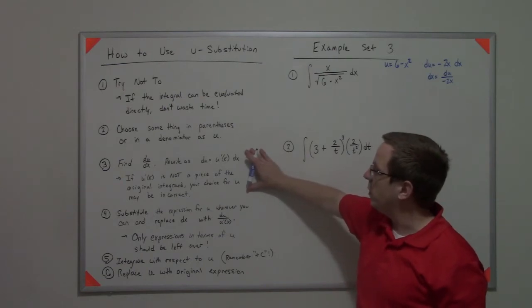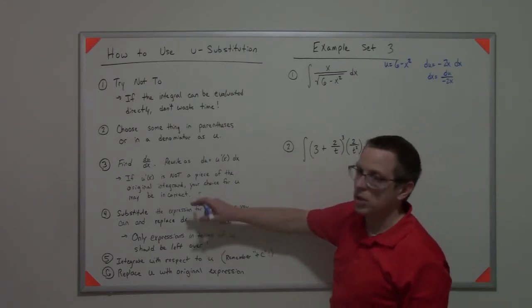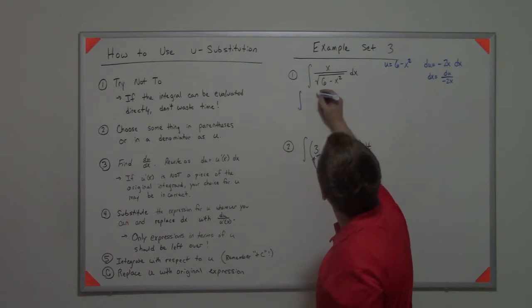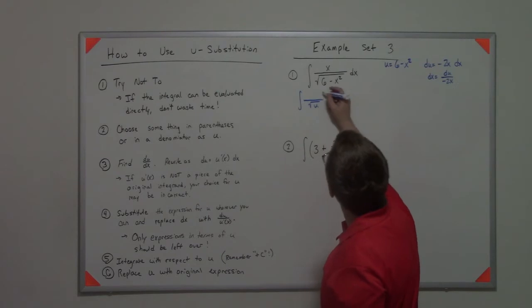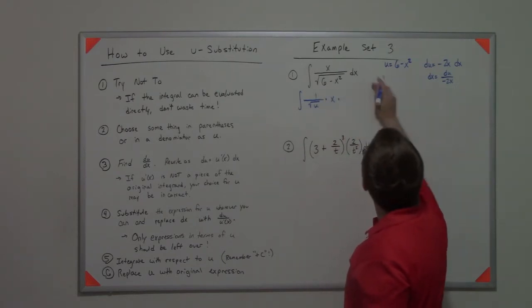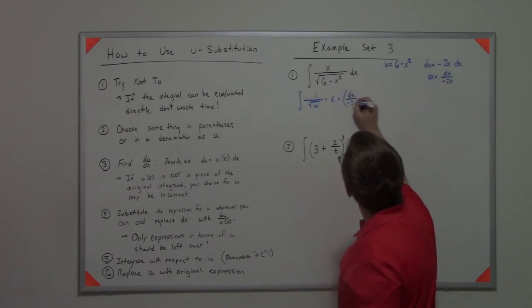So we find the u, and then we take its derivative, and we get this piece, and now we're going to substitute in. So wherever I see 6 minus x squared, I get square root of u, and then I have an x, and then for dx I have du over negative 2x.